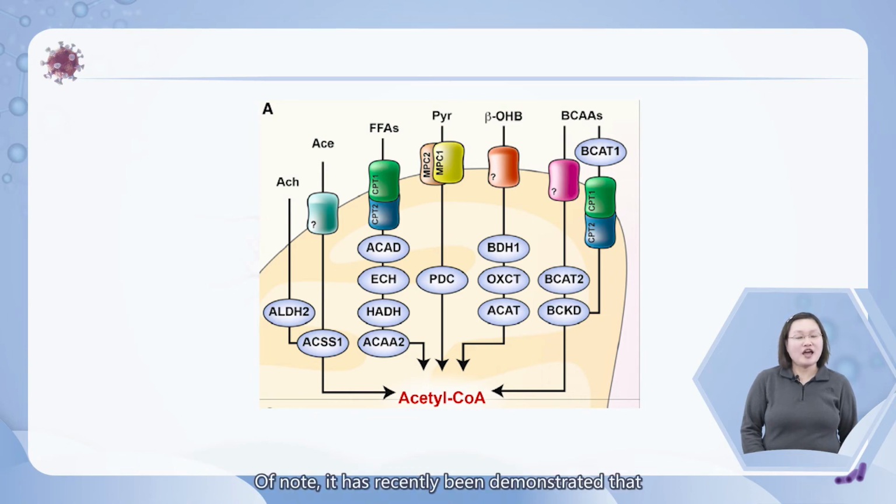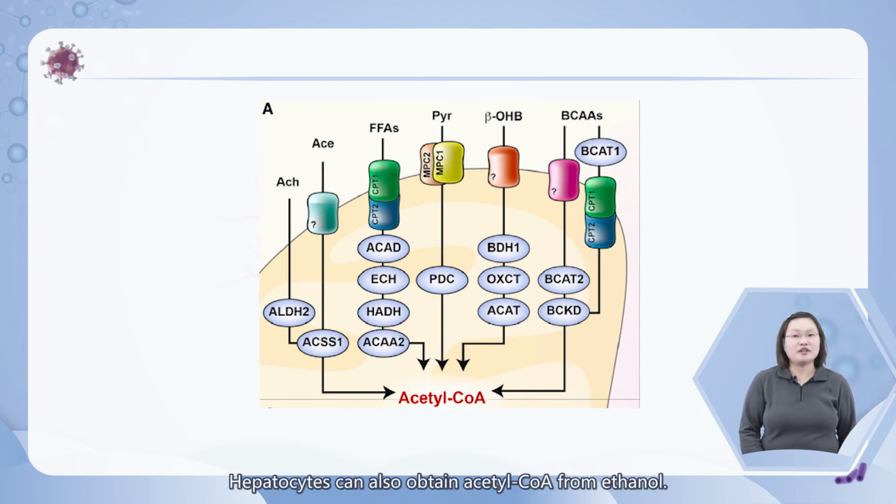Of note, it has recently been demonstrated that the acetylation pattern of the mitochondrial proteins, as controlled by SIRT3, is crucial for mice to respond to starvation, increasing the hepatic synthesis of ketone bodies while activating bioenergetic pathways that utilize ketone bodies in extrahepatic tissues.